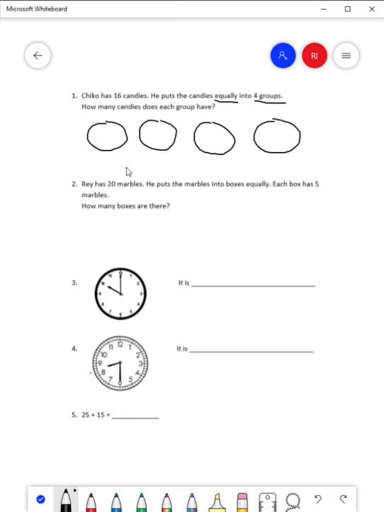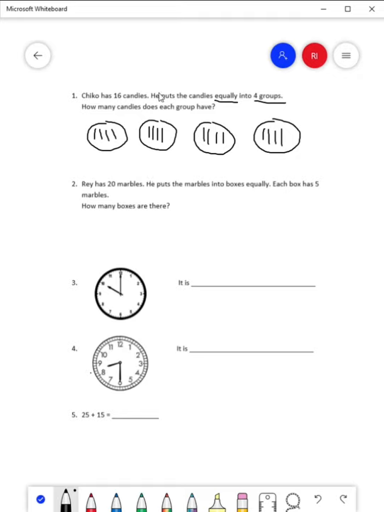So let's count 1 to 16. 1 2 3 4 5 6 7 8 9 10 11 12 13 14 15 16 is enough. There are 16 candies now in these groups.